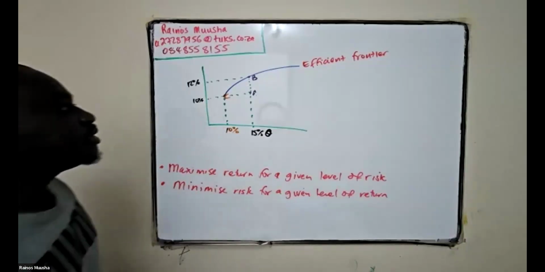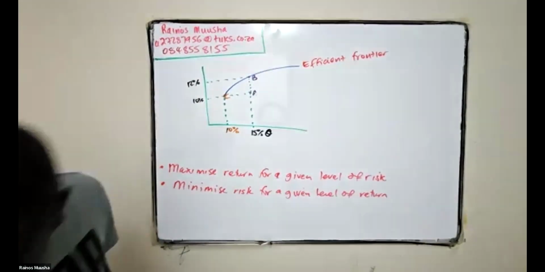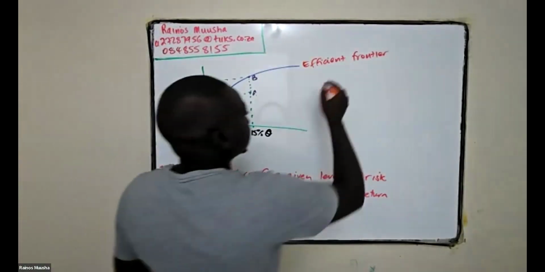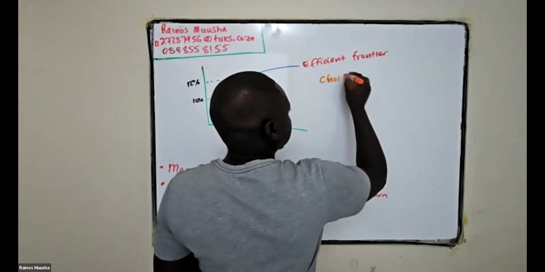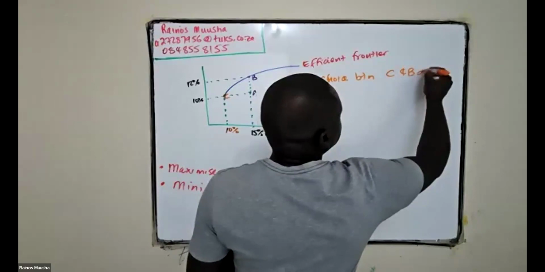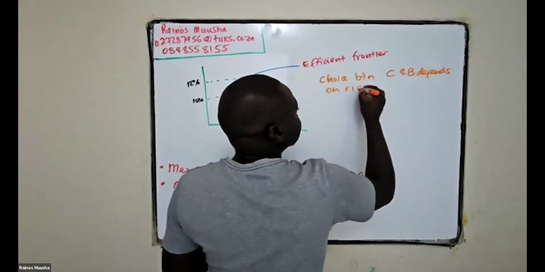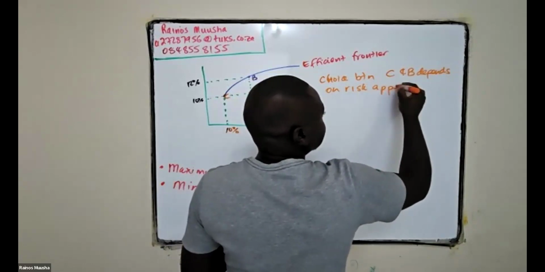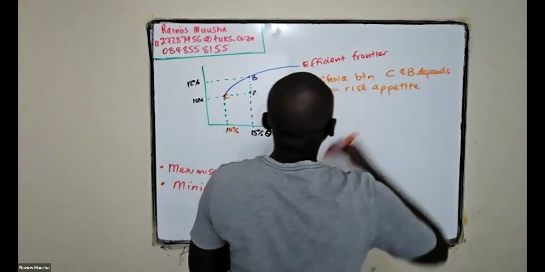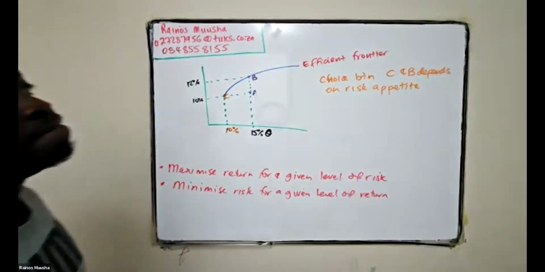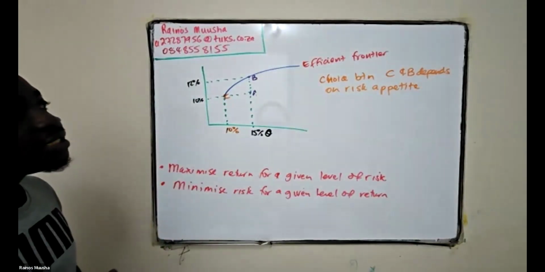Your choice between C and B depends on risk appetite.